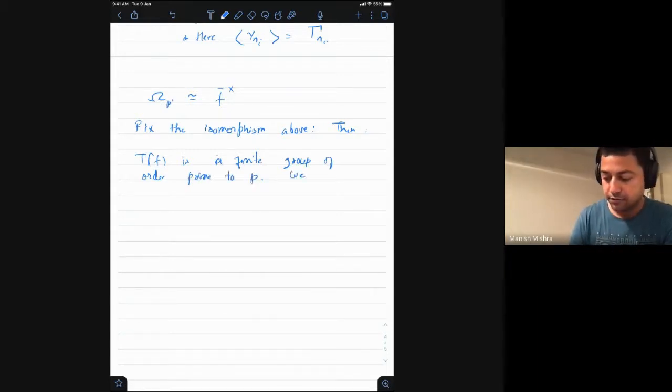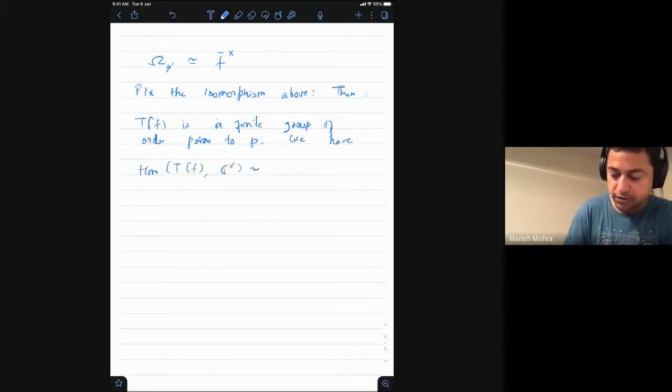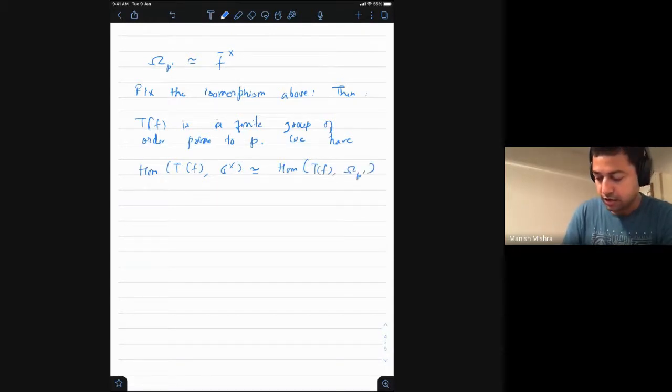So its characters will land in Omega_p'. So we have Hom(T^F, C star). The image will necessarily land inside this Hom(T^F, Omega_p'), and by the isomorphism that we fixed, we get Hom(T^F, F bar star).